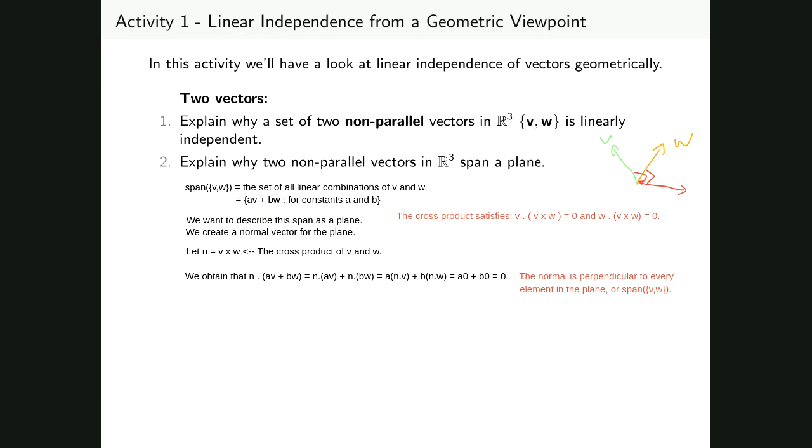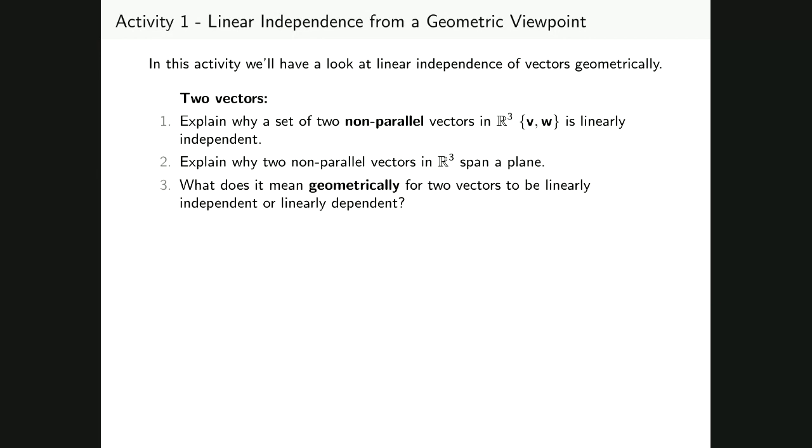This normal vector should really be pointing out of the plane of the whiteboard. So this is pointing up at us away from v and w, and it's describing the span of the whole plane. Okay, excellent. Again, if you've got any questions about this, please check in on Piazza. We'd be happy to answer your questions there.